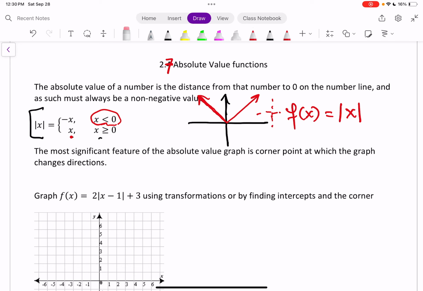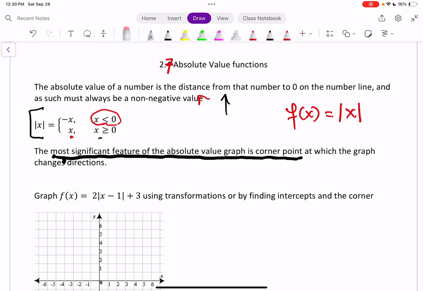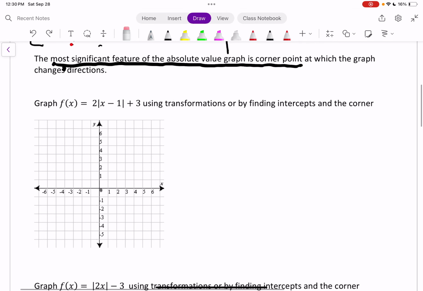However, the most significant feature of the absolute value graph is the corner point of the V. If we could tell where the corner point is and how narrow it is, we pretty much have the graph. So let's go through a whole bunch of problems and see how we can, one more time, graph absolute value functions.